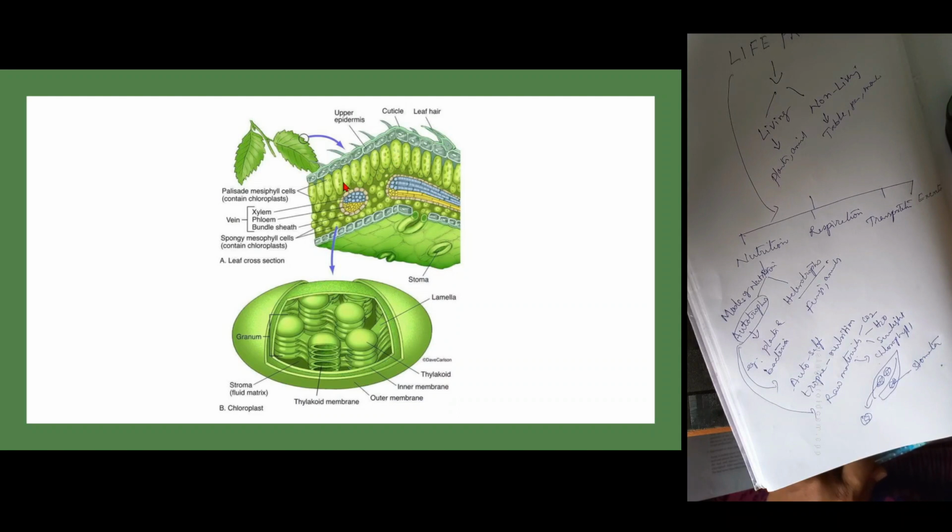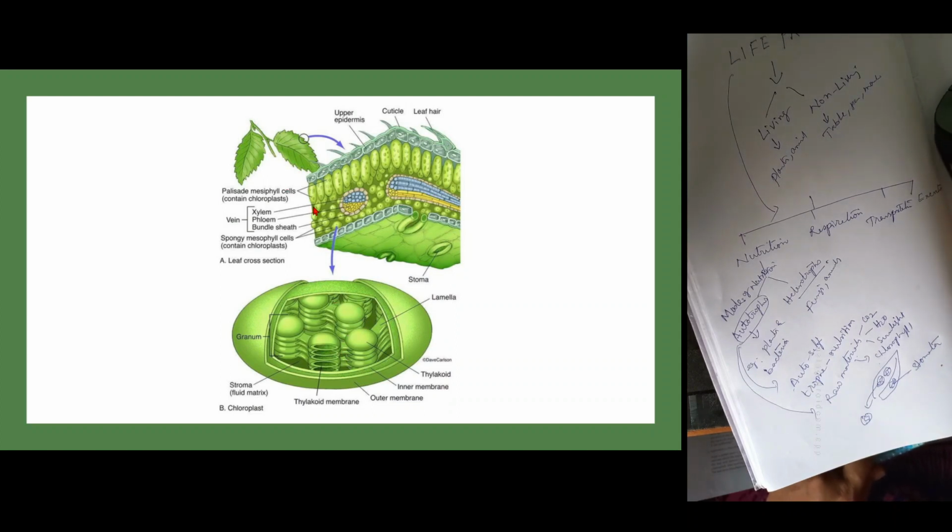Those dotted structures are called chloroplasts. This is the chloroplast, and inside the chloroplast green color pigments are present. Those green color pigments are called chlorophyll pigments.